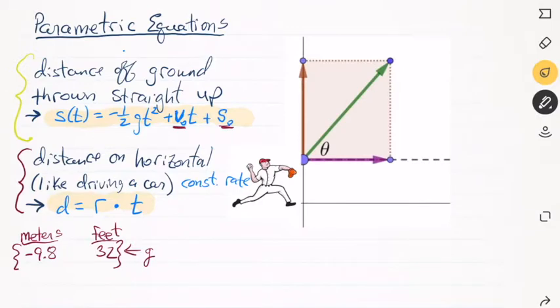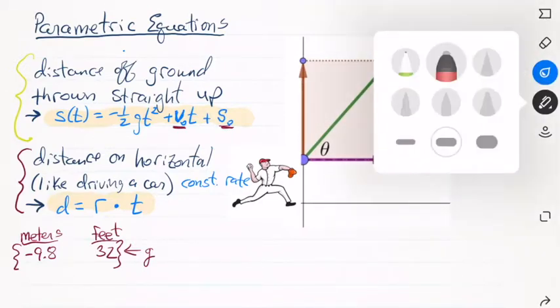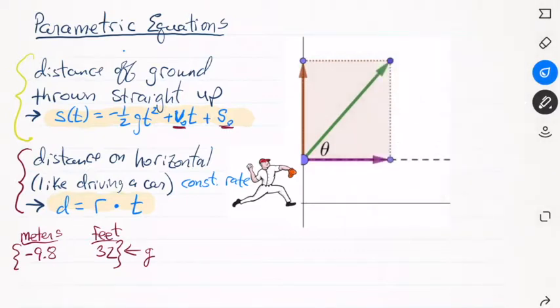Okay. So let's go back to my main color, main pencil. All right. So if the velocity, v sub 0, the initial velocity of the baseball going into that angle, is some v sub 0.